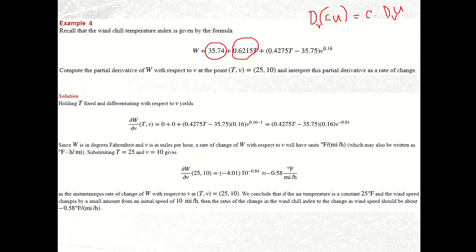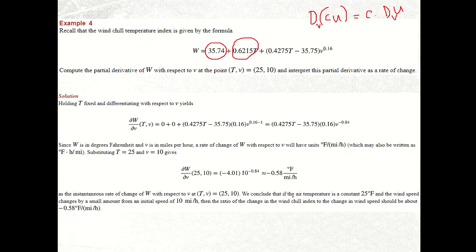Now, this is the instantaneous rate of change of W, the wind chill temperature index, with respect to V. So at this certain point, this is the temperature 25 degree Fahrenheit, then this is the miles per hour.